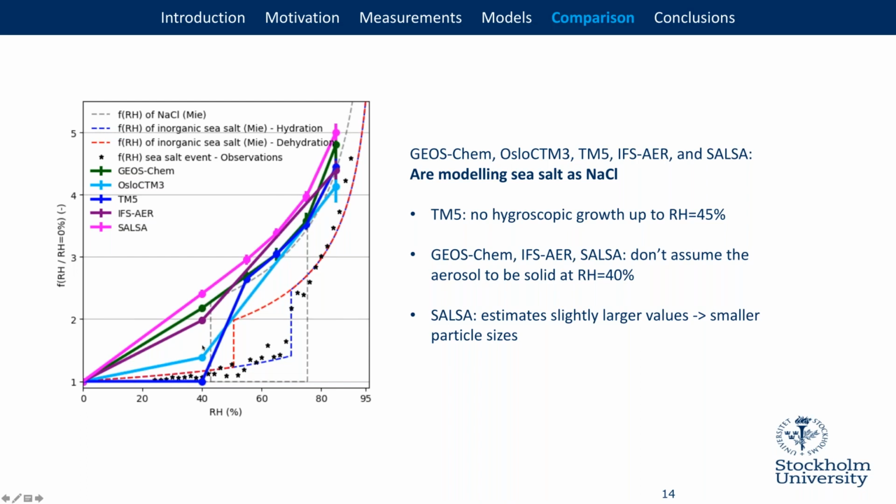And we can see how TM5, the blue one, is showing no hygroscopic growth up to 45%. Then we see GEOS-Chem, IFS aerosol, and SALSA, these models here that don't assume the aerosol to be solid at 40%. And SALSA estimates throughout the whole humidogram slightly larger values, which may be an indication of smaller particle sizes.